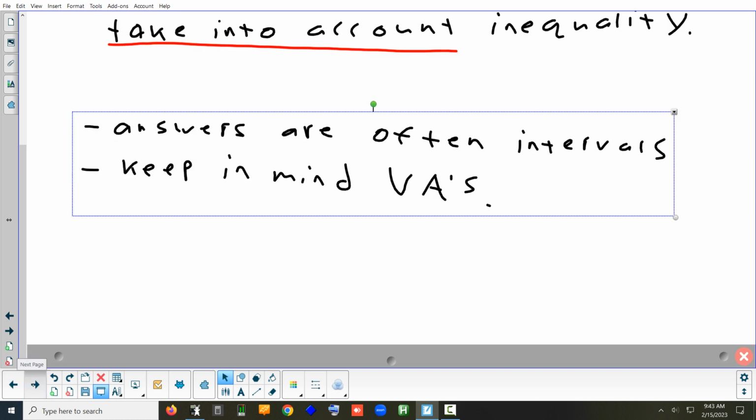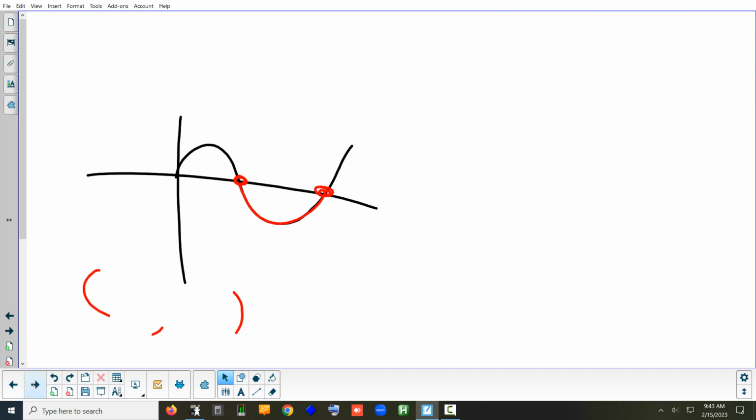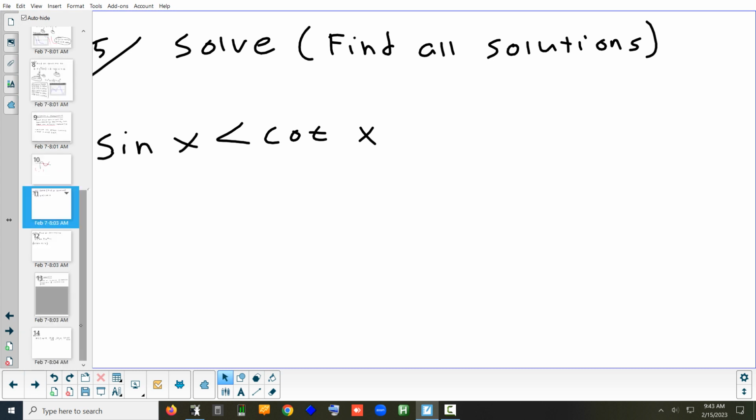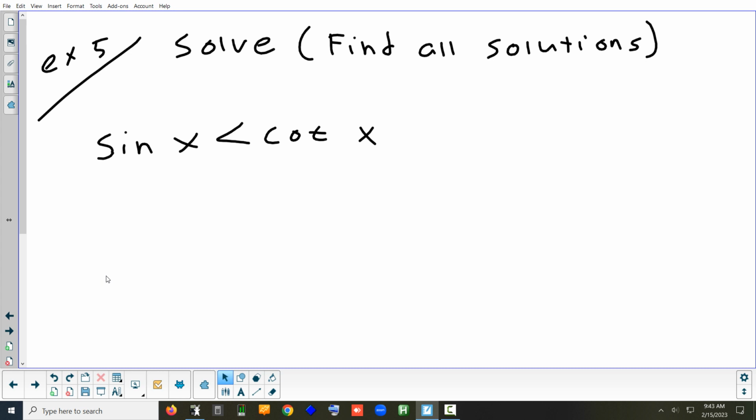All right, let's take a look. All right, so solve, and then it says find all solutions. Okay, what do we usually like to have on one side when we're solving? Yep, 0.